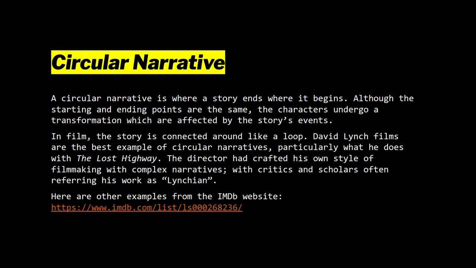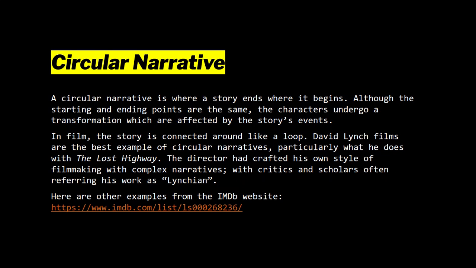And this circular narrative is where stories end as they began. So although the starting and the ending points are the same, the characters undergo a transformation within themselves, or who they are, and maybe they search for their destiny.